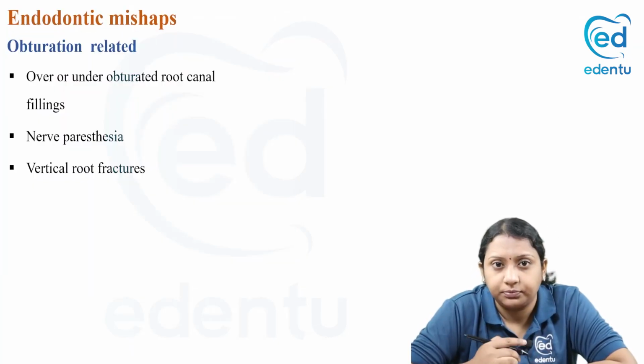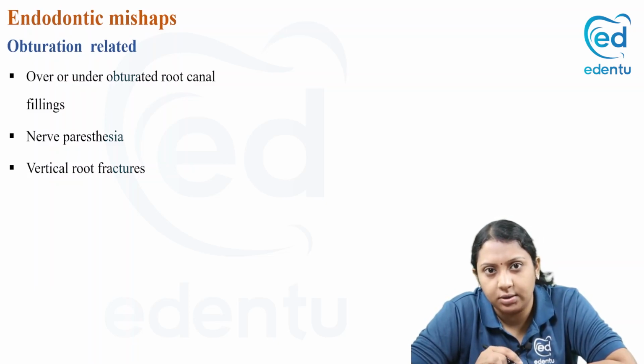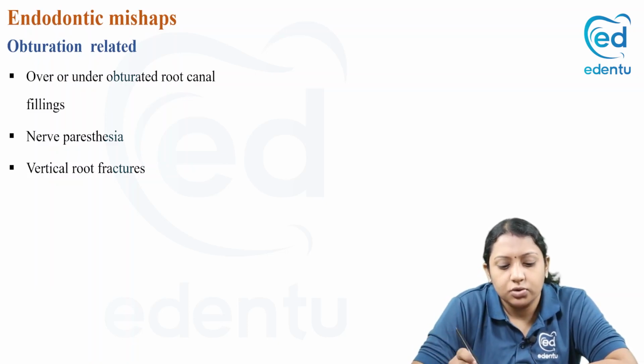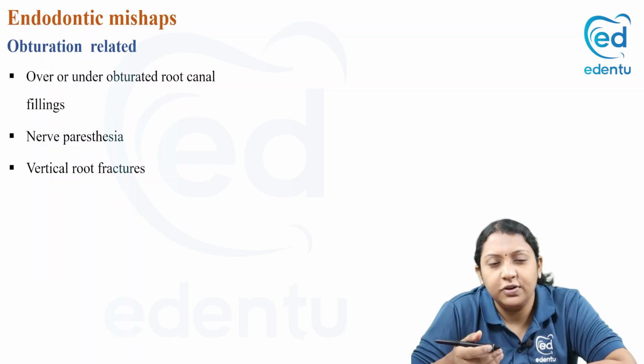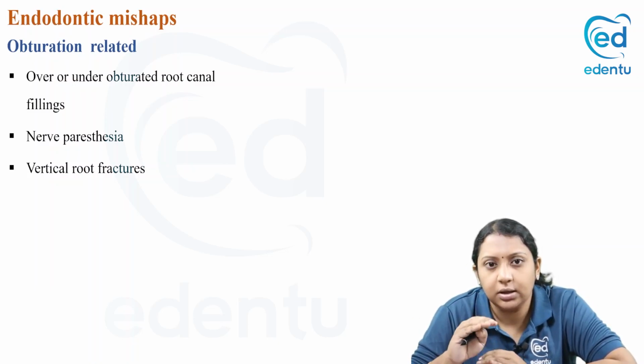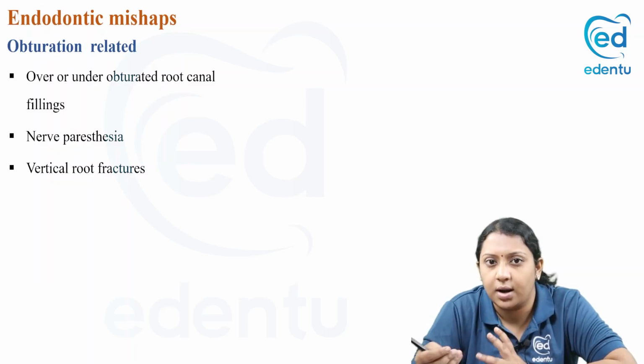Now we have obturation related mishaps, that is mainly the over obturation or under obturated root canals, nerve paresthesia and vertical root fractures. So over or under obturated. If it is an over obturated canal, we have two scenarios for obturation. Either it is overextended or underextended.